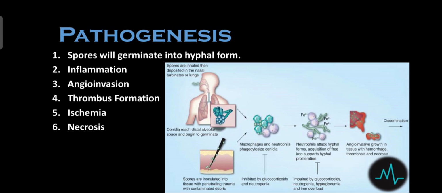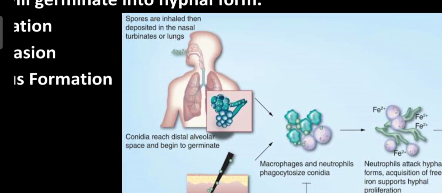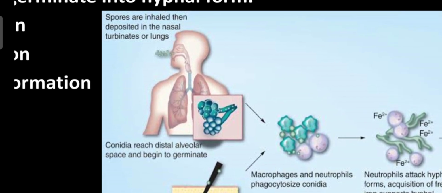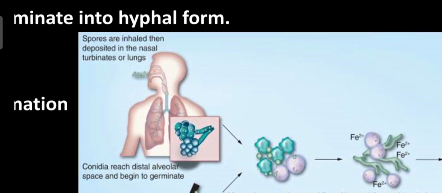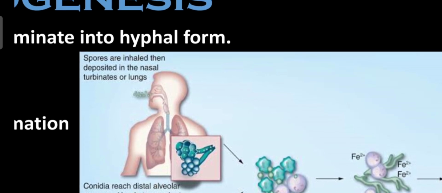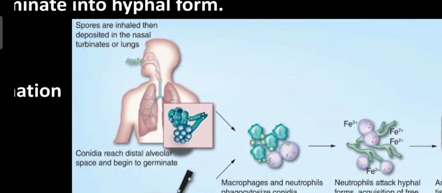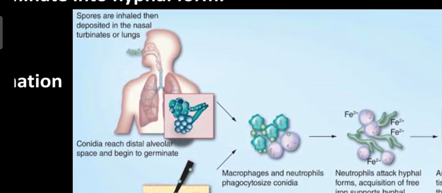How it causes disease: as you can see in this diagram, the patient inhaled the spore form of this fungi, and the spore form gets stuck in the respiratory mucosa.